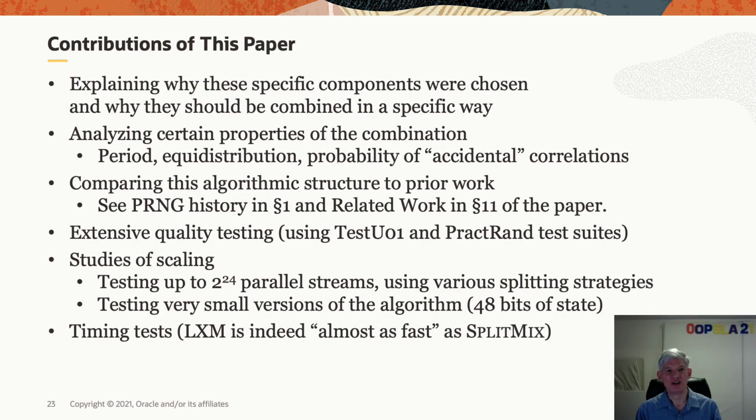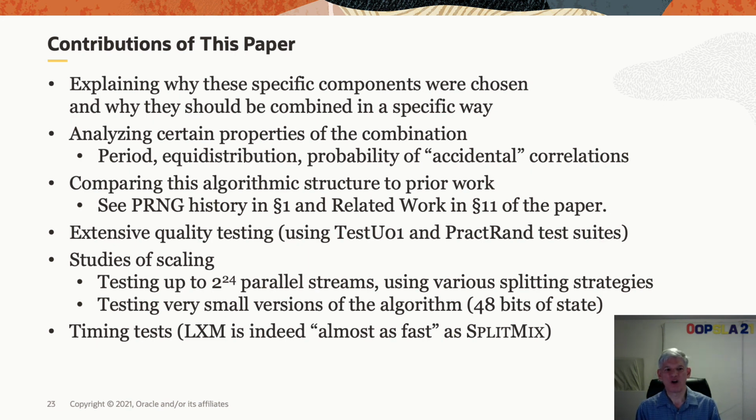To conclude, the contributions of this paper are explanations of why these specific components were chosen and why we combined them in a specific way, analysis of certain properties of this combination, including the period, equidistribution, and probability of accidental correlations. We provide a comparison of this algebraic structure to a great deal of prior work.